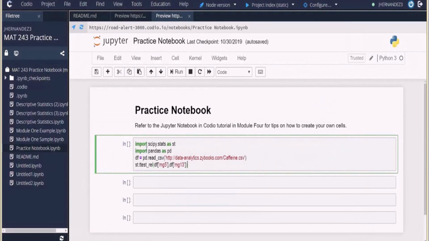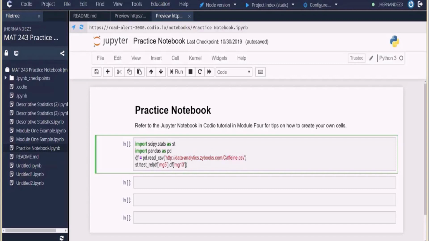So here's the code for it. We're going to be using scipy.stats, where we have the t-test that we will be using. We'll use pandas to import data from the caffeine dataset.